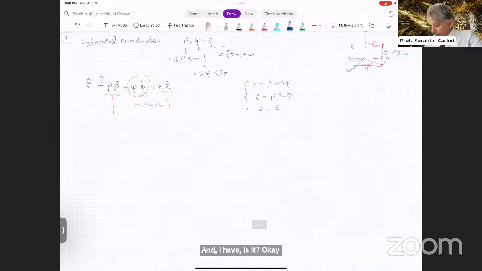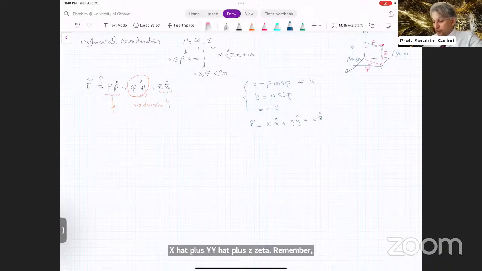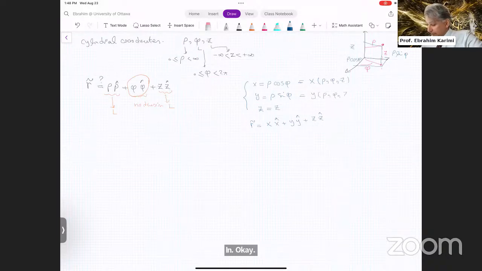Now, in the Cartesian coordinate, I have x x hat plus y y hat plus z z hat. This is exactly the expression I told you about: x is expressed in terms of rho, phi, and z, and likewise y and z.